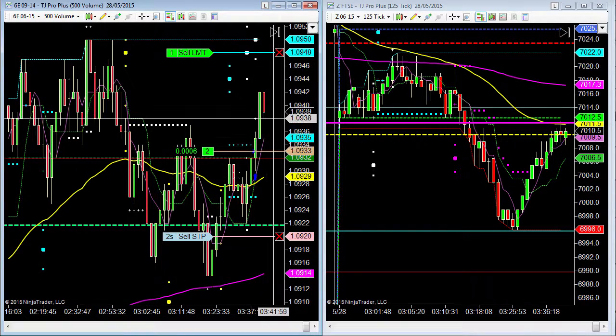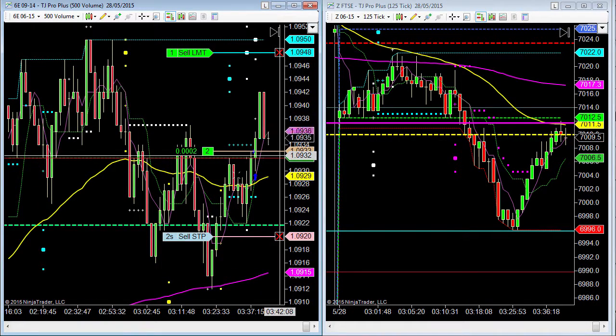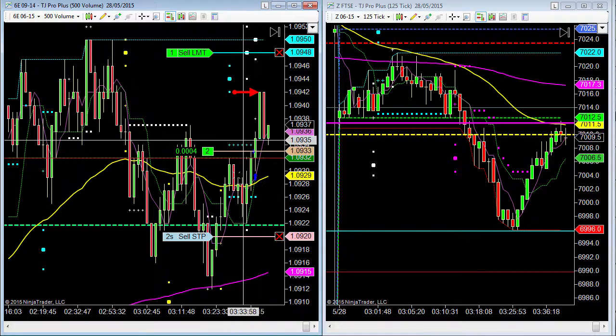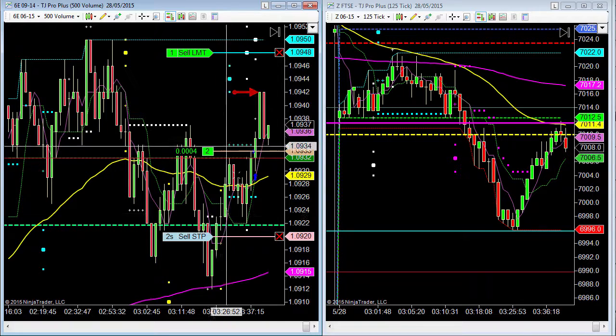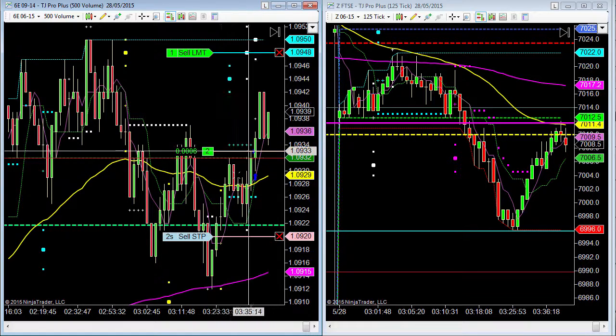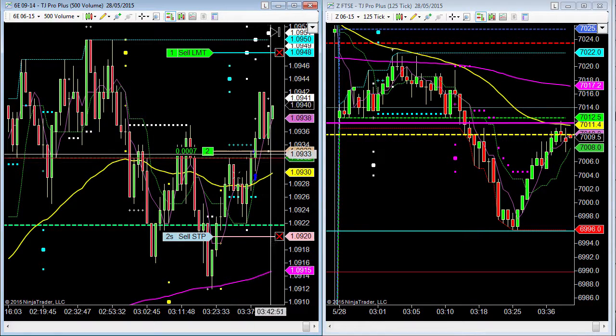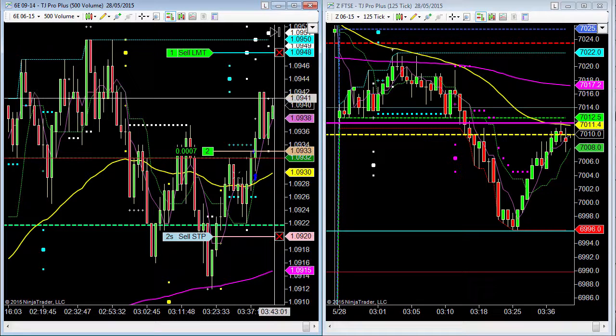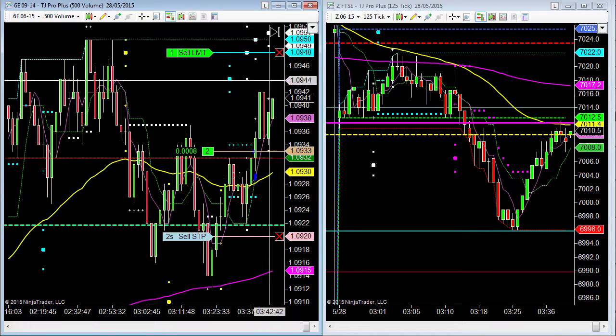and you can see I actually got to the target of the first trade, which might initially make you think, well, have I done the wrong thing? Have I taken the wrong trade? However, it got back to the entry and held.